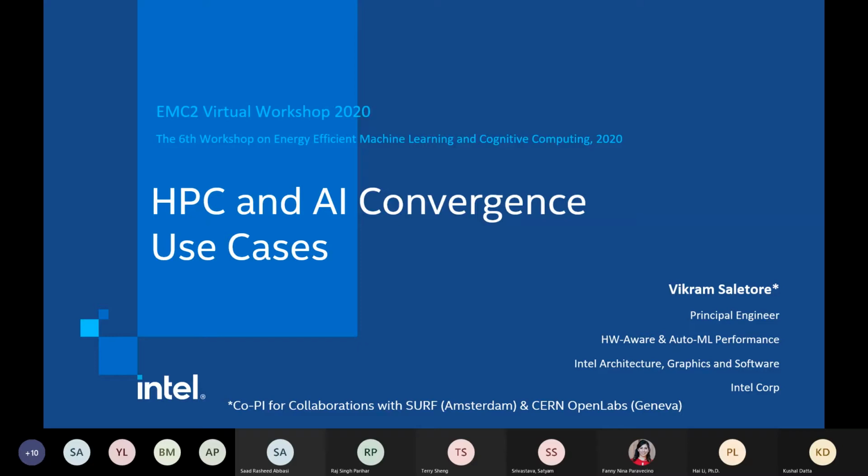I'm more interested in the performance aspect, and I'm now getting more into AutoML work and also hardware aware. I also work with customers, and there are a lot of benchmarks. But I'm going to point out some use cases from collaborations we've done with SURFsara in Amsterdam, and also CERN openlab in Geneva. So let's get started.